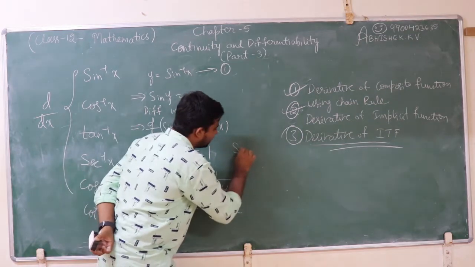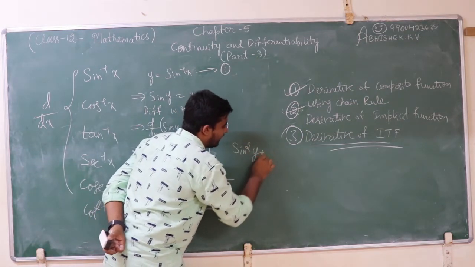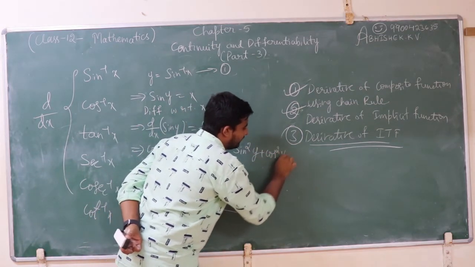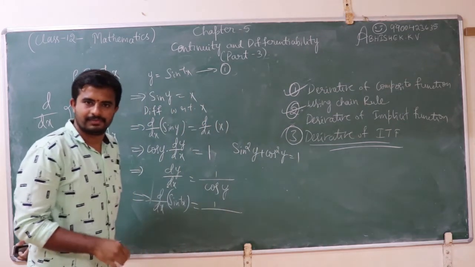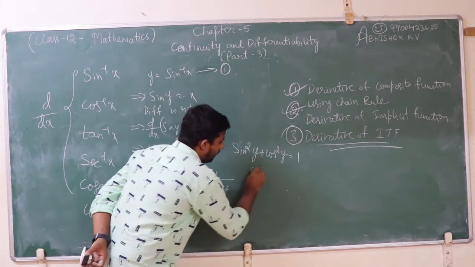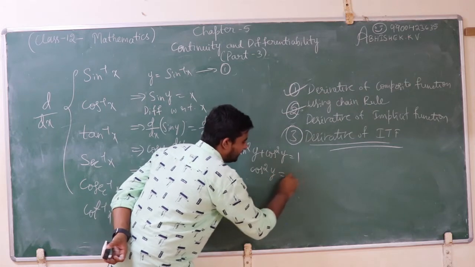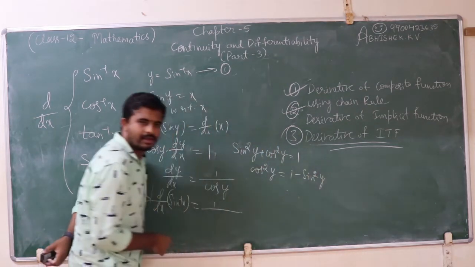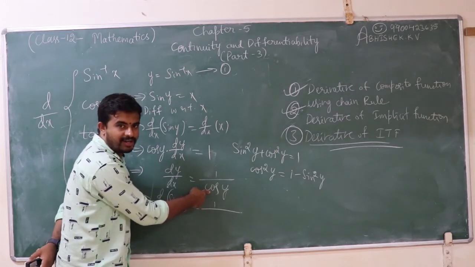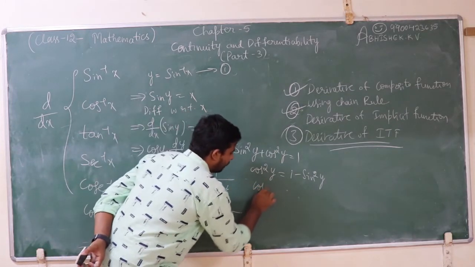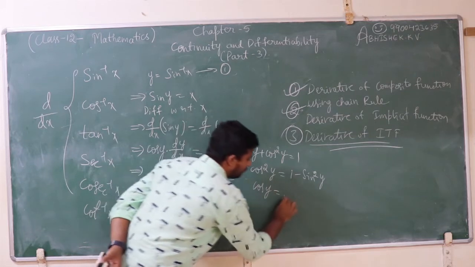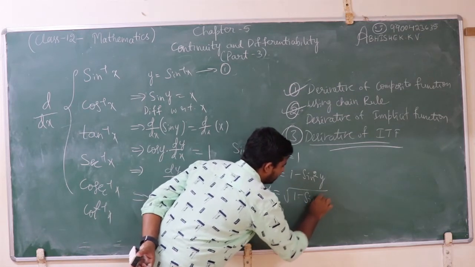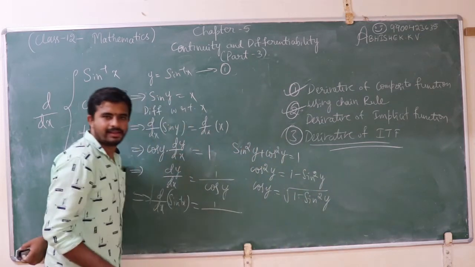We know that sin square y plus cos square y is equal to 1. So cos square y is equal to 1 minus sin square y. But what we want is cos y. Therefore, cos y is equal to the square root of 1 minus sin square y.